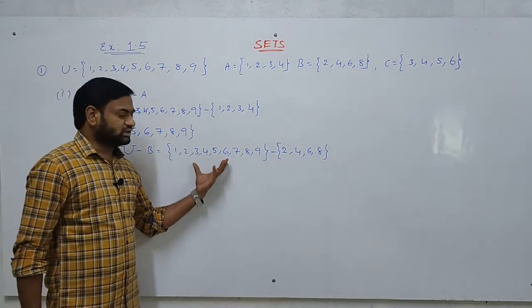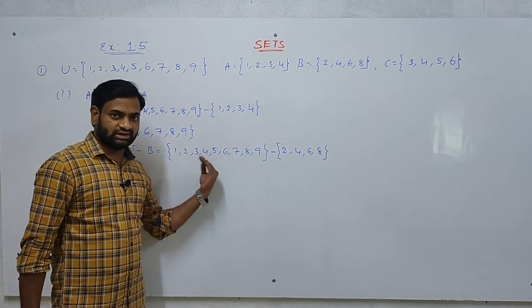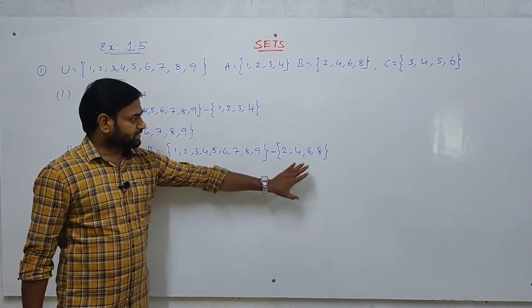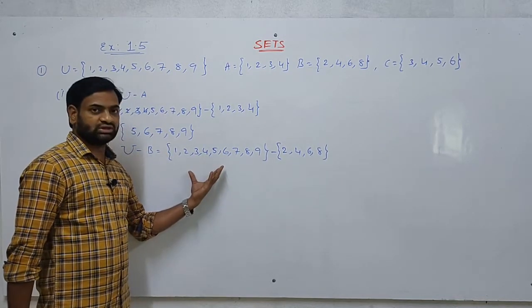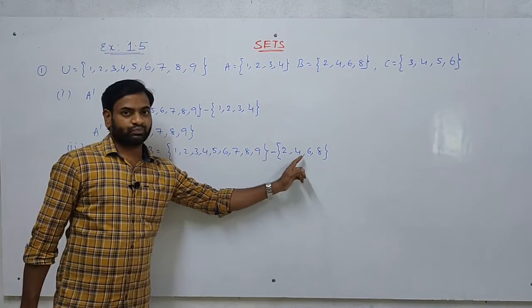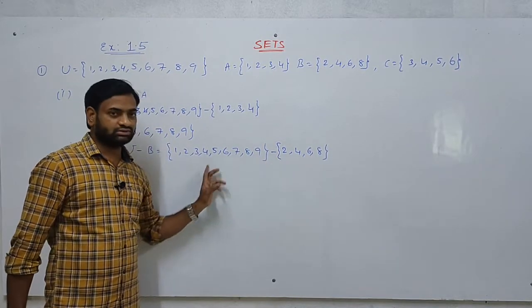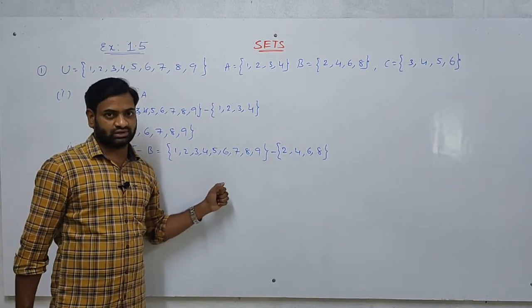So from this set we have to delete or eliminate these B elements, the elements which are common to both.